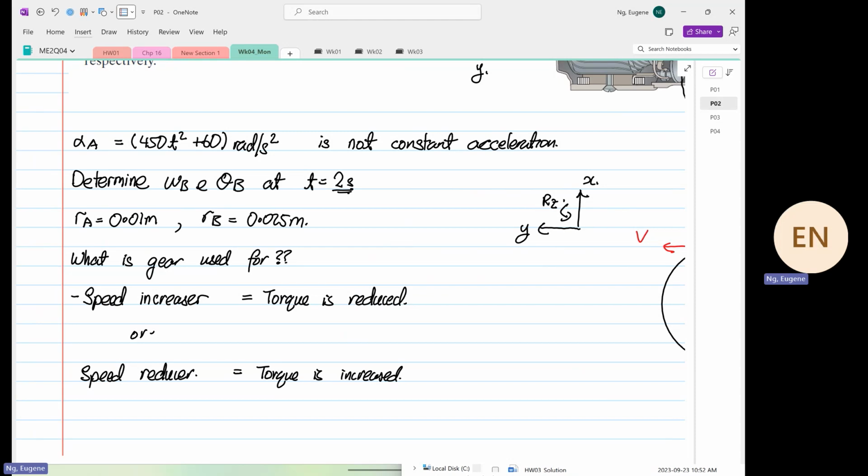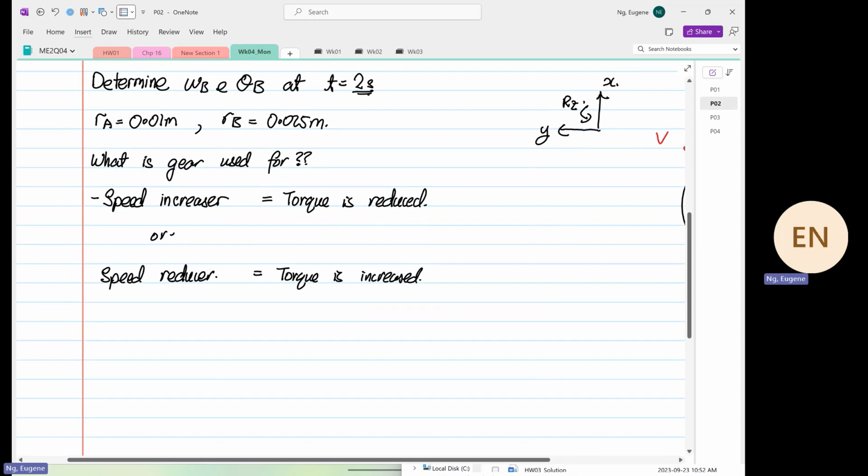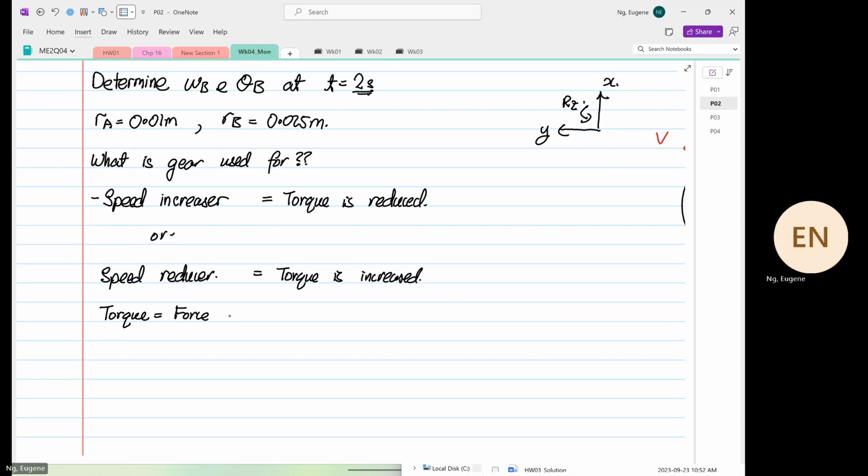What is the formula for torque? Torque is equal to force times radius. So if you have a circular shaft, this is your instantaneous axis. You have a force applied here, and this is your what?